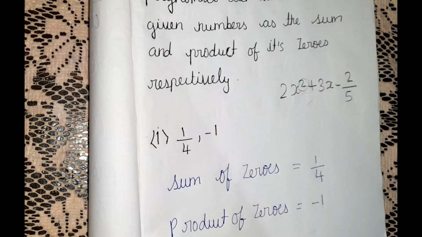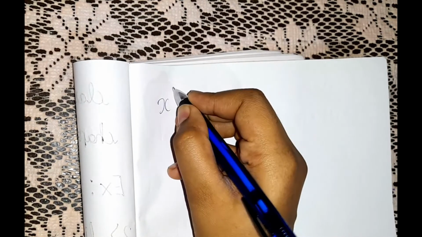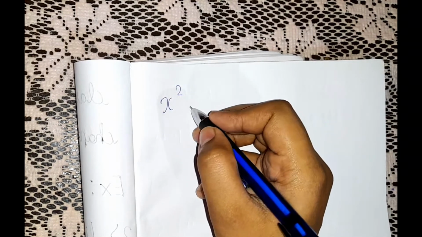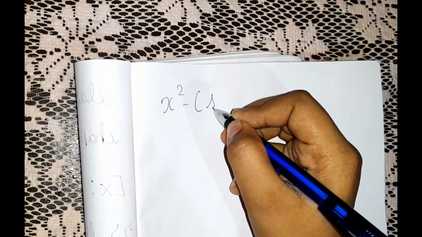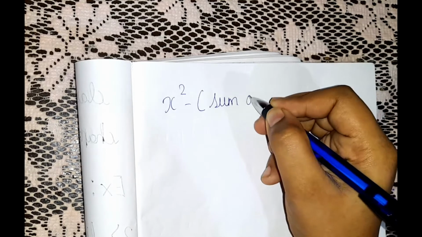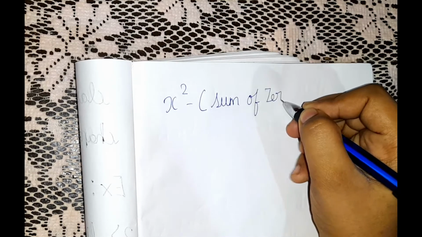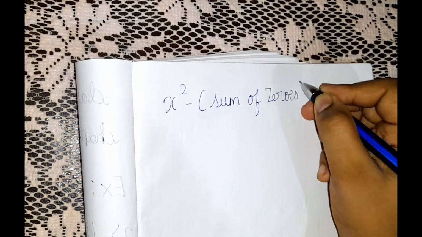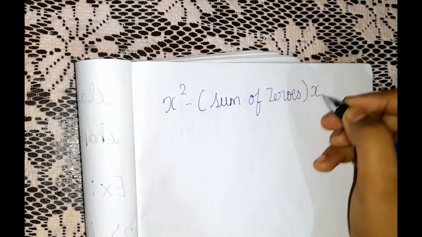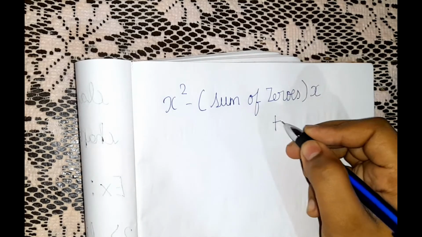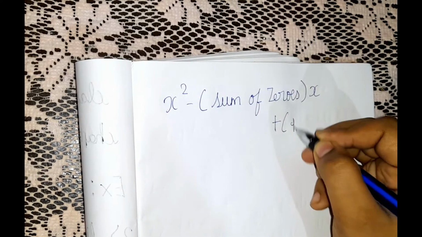Now let's write the formula, that is x square minus bracket sum of zeros bracket close x plus bracket product of zeros.